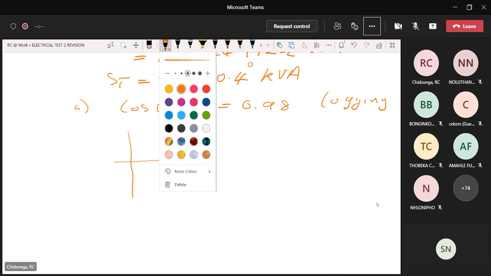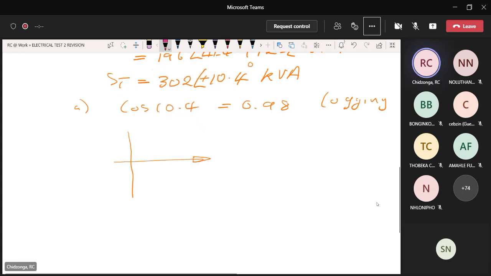There you go. Now, suppose this is my voltage phasor, right? And then my current phasor would be here. So there is this angle here, right? Be with me. Is the current leading or lagging? Lagging. Okay, very good. So this current is lagging, right?